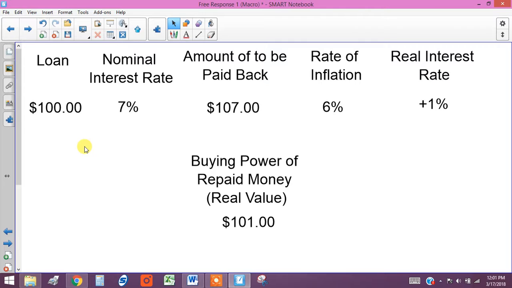So that's what's going to happen if this high rate of inflation becomes long term. It becomes the expected inflation. So the nominal interest rates on loans are set with the expected rate of inflation in mind. So they're going to obviously go higher.